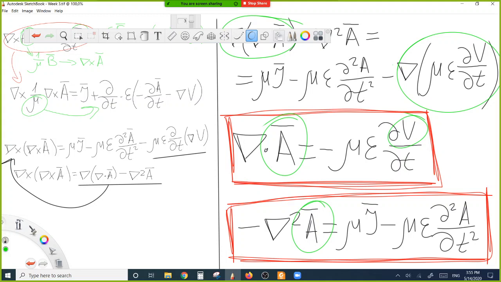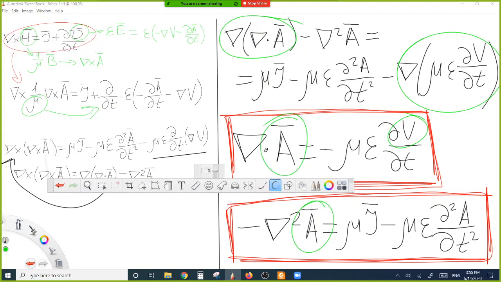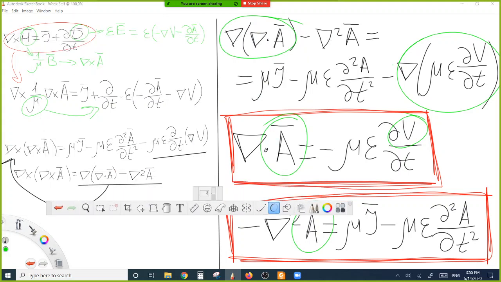And again, if we know magnetic vector potential A, we can simply find magnetic flux density B or magnetic field intensity H.